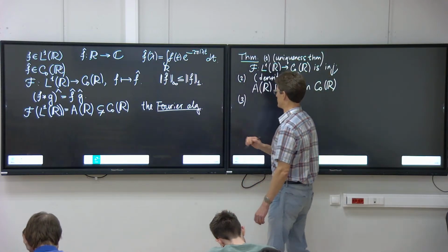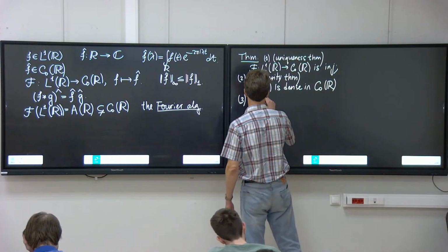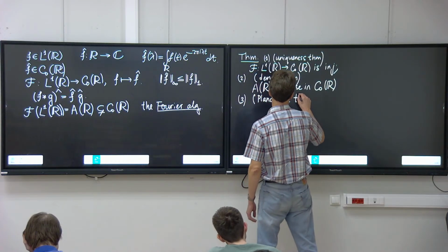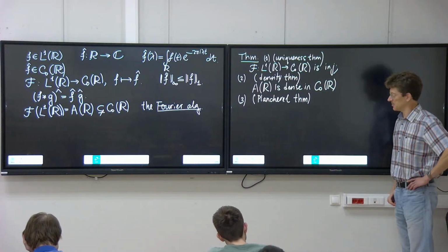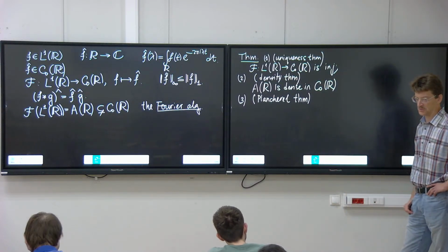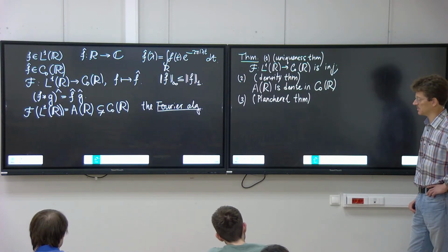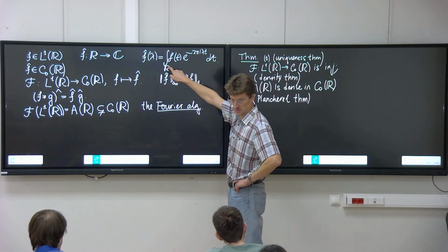And one of the most fundamental results is the Plancherel theorem, which states roughly that the Fourier transform can also be defined on L2. This is not an exact statement because formally we cannot substitute a function from L2 into this formula.